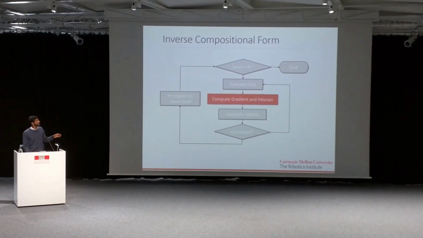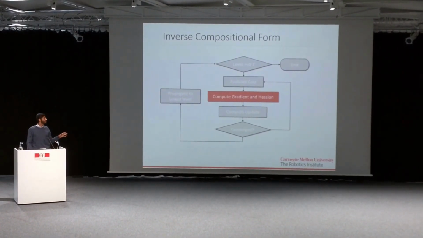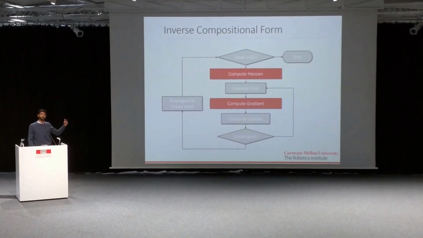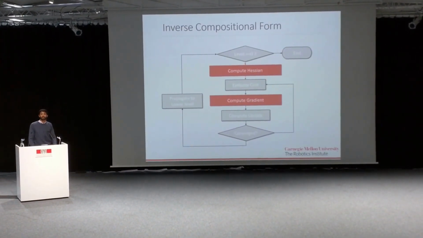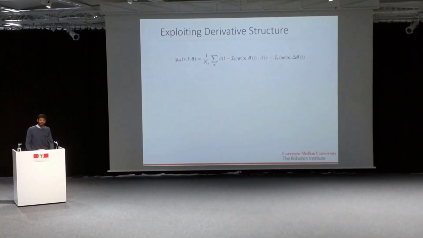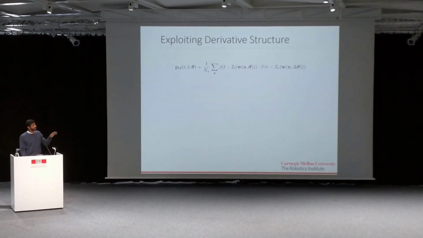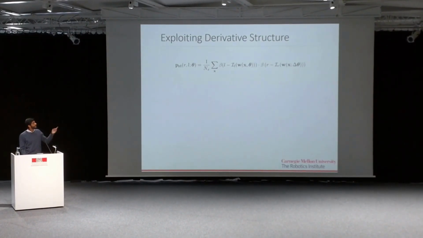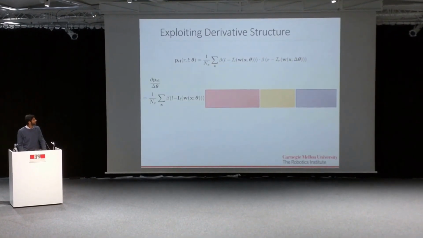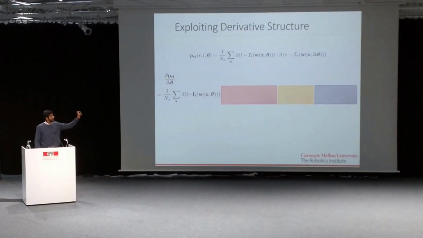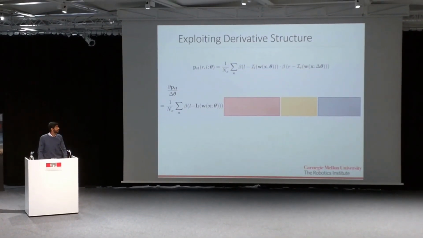With inverse compositional, essentially all it allows us to do is that instead of computing the gradient and Hessian in the inner loop, we can compute the Hessian before we run the inner loop, and that saves us a lot of computational time. Then for the derivative structure, note the joint histogram. This is what it looks like with the inverse compositional, where now we only work with delta increments of the warp. When we take the derivative, applying the chain rule, we only need to worry about the derivative of the second window function.